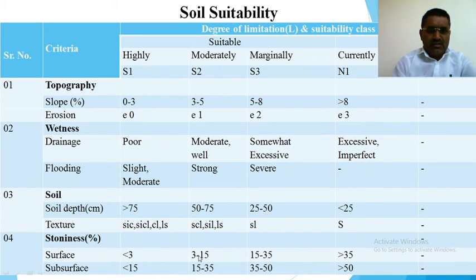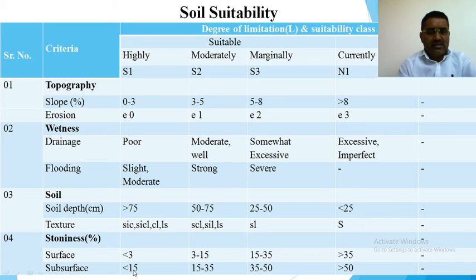As the number increases, 3 to 15, that is moderately suitable. 15 to 35 marginally suitable, and more than 35 that is currently not suitable. But in the future we can remove the stones, we can collect the stones and throw them out of the field, and then it can be used in the future.